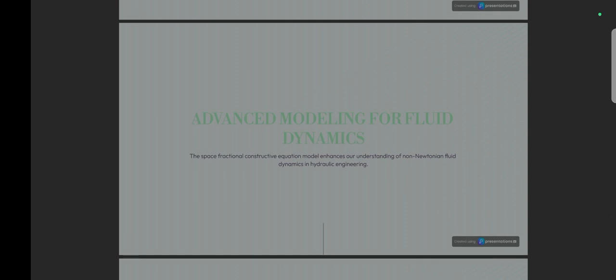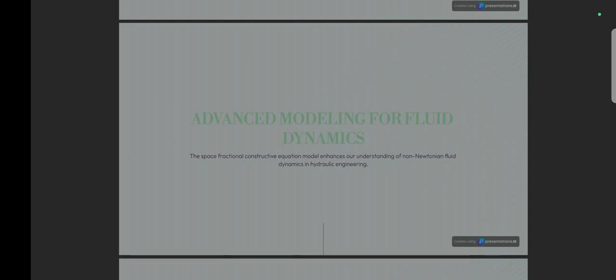Advanced modeling for fluid dynamics. Fluid dynamics is a field of physics concerned with the motion of fluids, liquids and gases, and the forces acting on them over time.